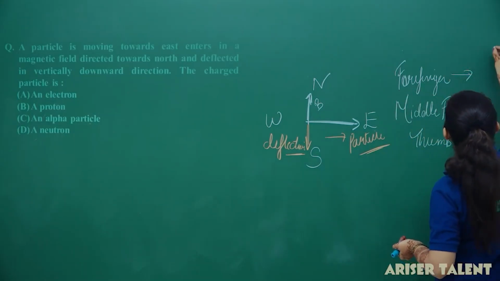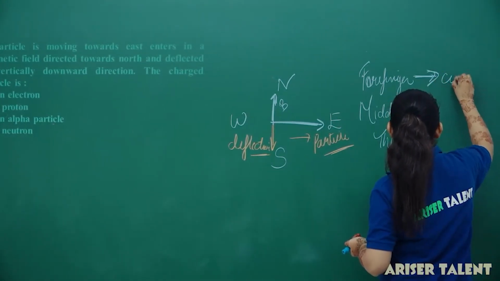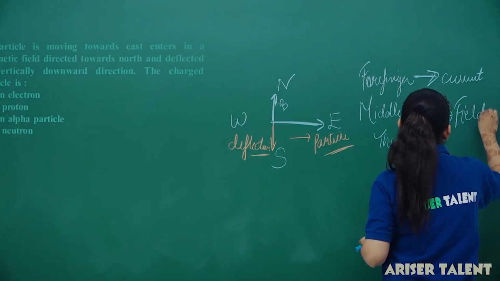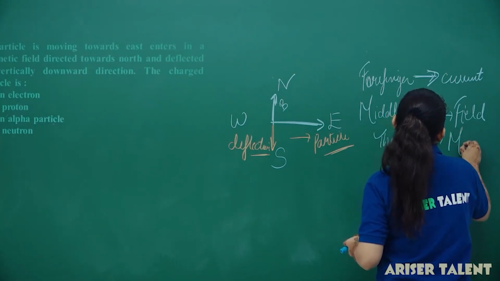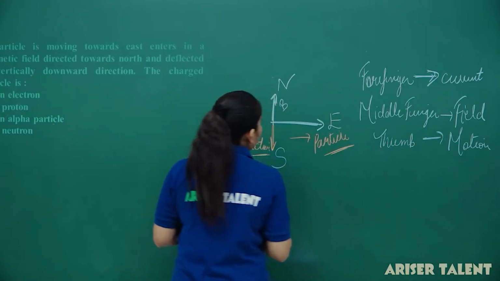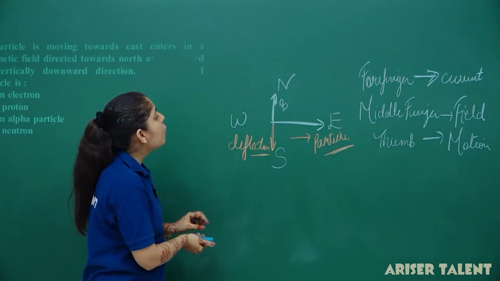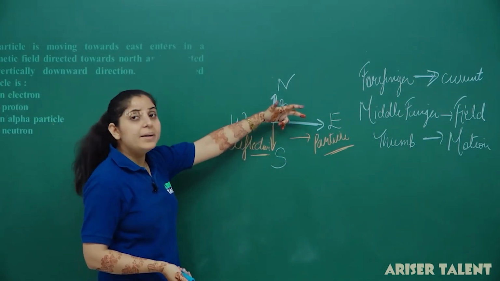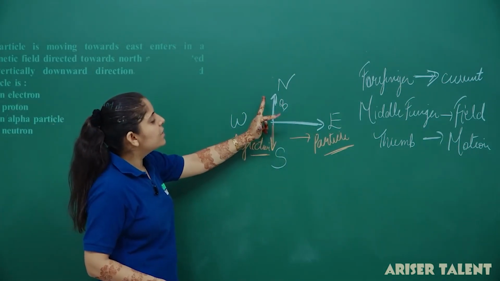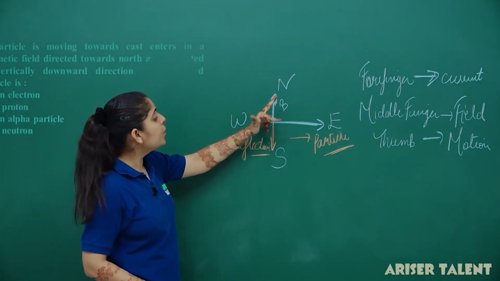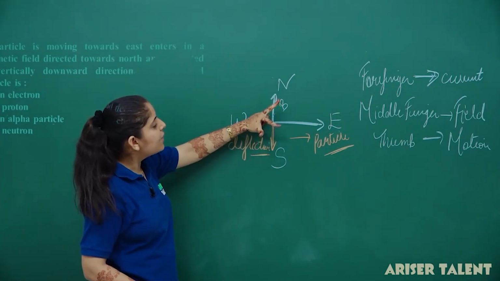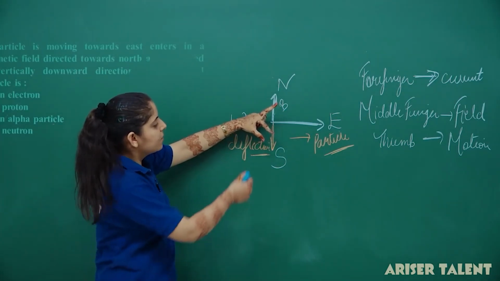Forefinger will give you the direction of current, middle finger will give you the direction of field and the thumb will give you the direction of motion and force. If you orient your fingers of left hand in such a way, the middle finger gives the direction of field, this gives the movement of the particle and the deflection is in downward direction. So we have to orient our fingers in such a way.